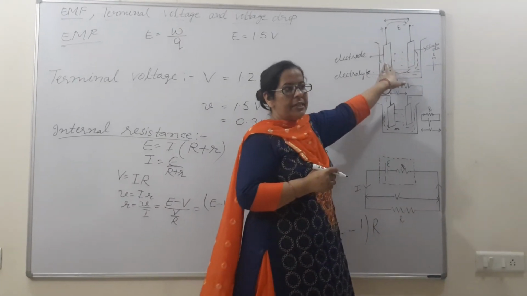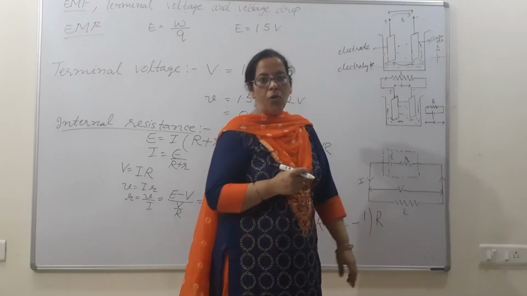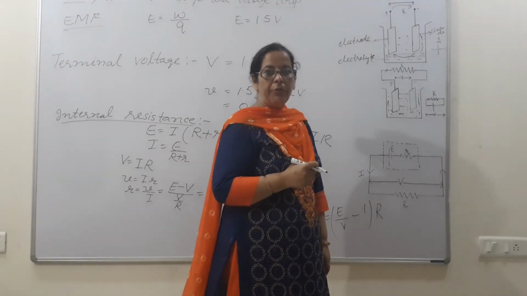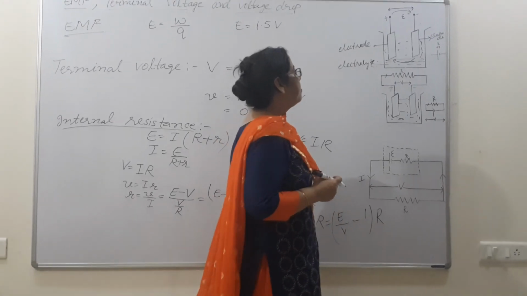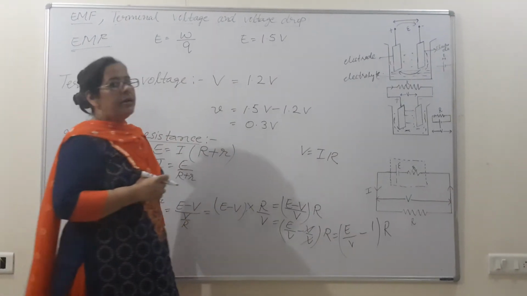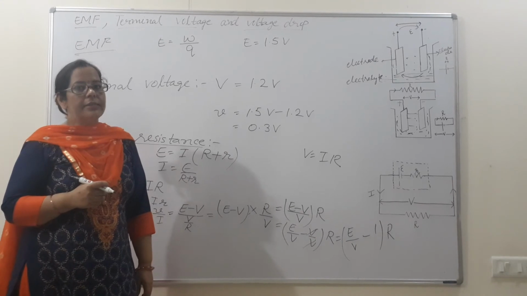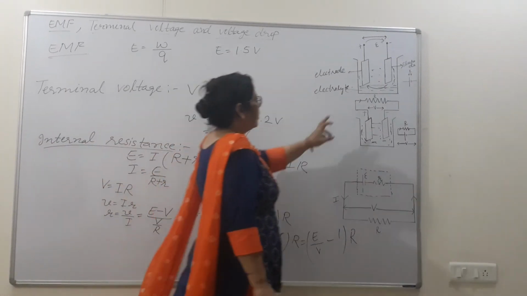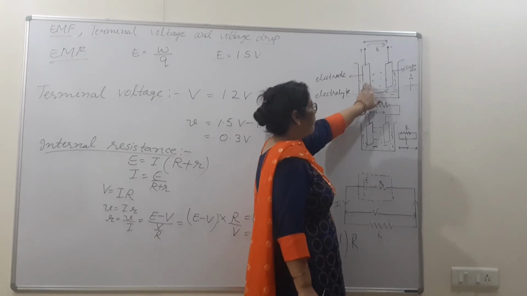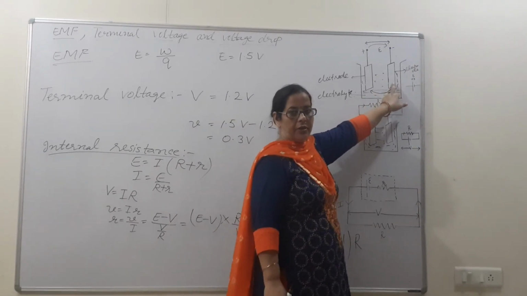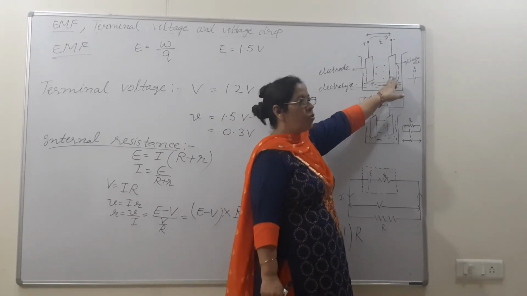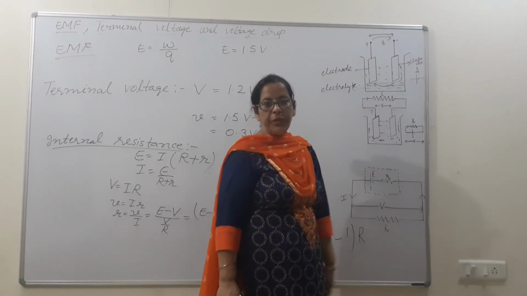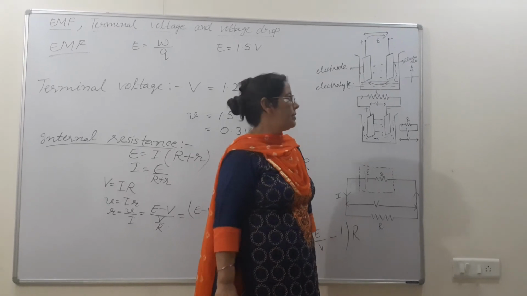If the distance between the electrodes is more, then ions have to travel more distance, so the internal resistance will be more. The second factor is the surface area of the electrodes. If the area is more, then they will get more freedom, so the internal resistance will be less.